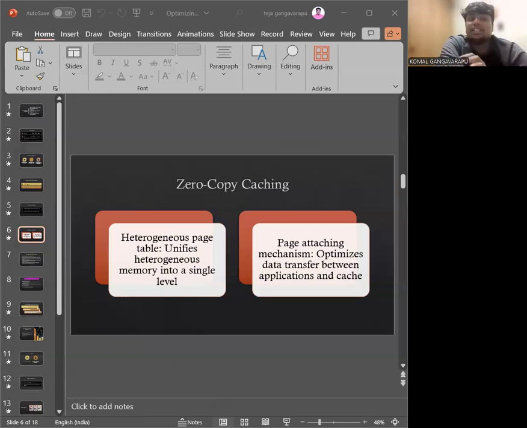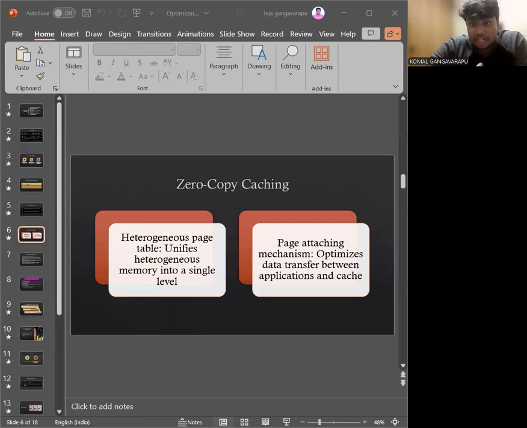The page attaching mechanism is the other part of the zero copying technique. As written in the slide, it optimizes data transfer between the application and the cache.